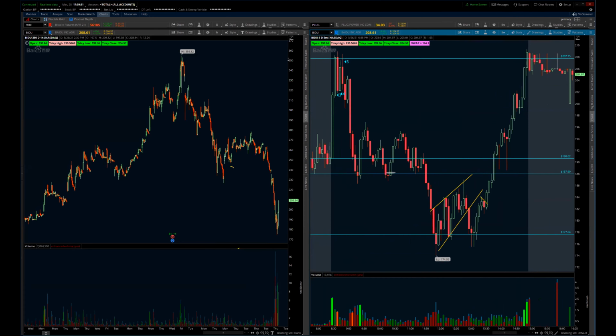But the point of this is that price action is always telling us something. I'm a firm believer in this, and it all comes from a book that I posted in the chat. I believe everyone should read this book. One of the things that this author says is that every single tick, every single candle is showing you something.